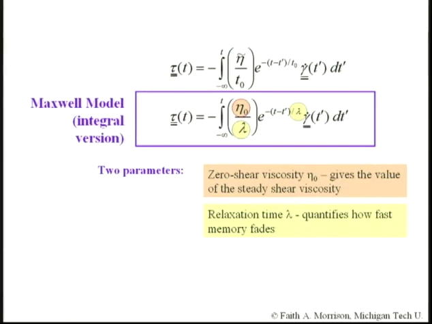This model is a real model, and it's called the Maxwell model. Okay, this is the Maxwell model. It has two parameters in it. It has a parameter that's related to that T naught. How far back can I remember? And that parameter is usually given the symbol lambda, relaxation time. It has the symbol eta naught. Maybe you'll guess that this eta naught will turn out to be what this model predicts in steady shearing at low rates.